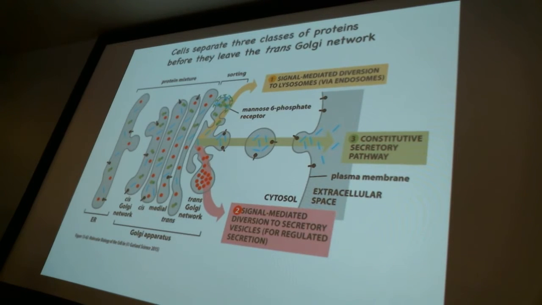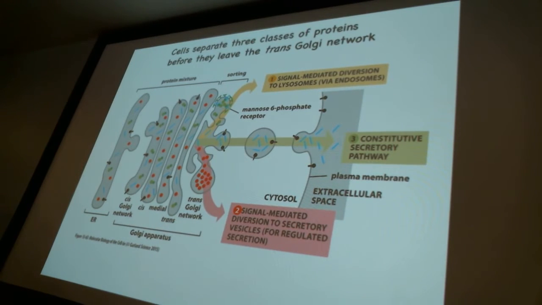Another concept is similar to what we already discussed. When you get to the trans-Golgi, there's all this traffic going on, but the cell has to distinguish what is going to go where. I already went through the mannose 6-phosphate receptor, this very clever mechanism that uses a sugar tag to identify lysosomal enzymes. These bud in a specific region of the trans-Golgi, and go to lysosomes.